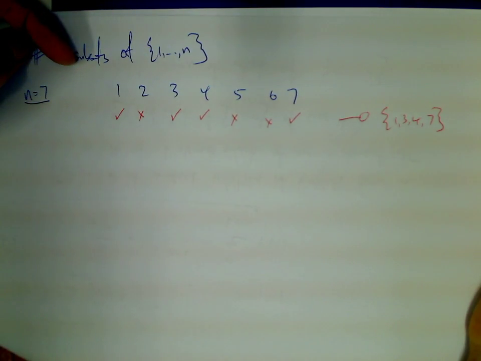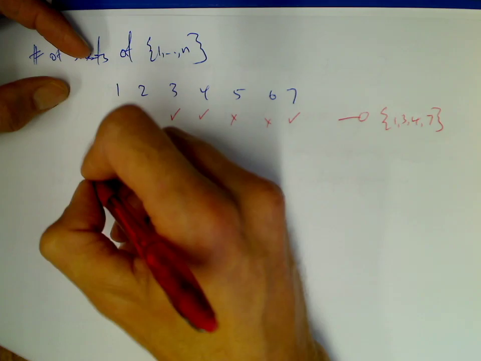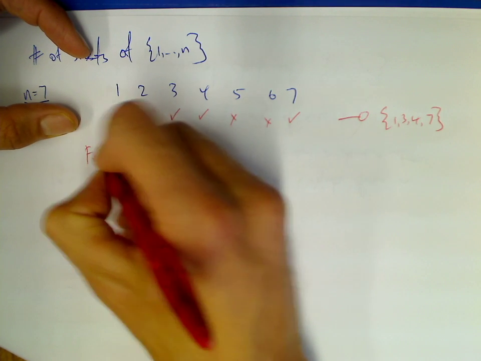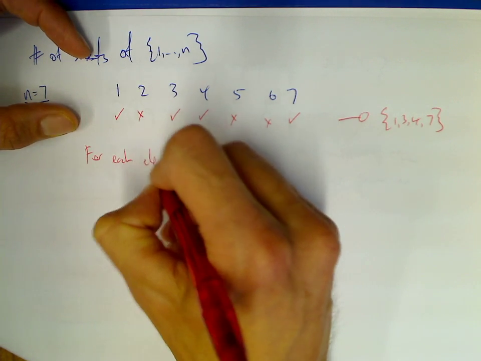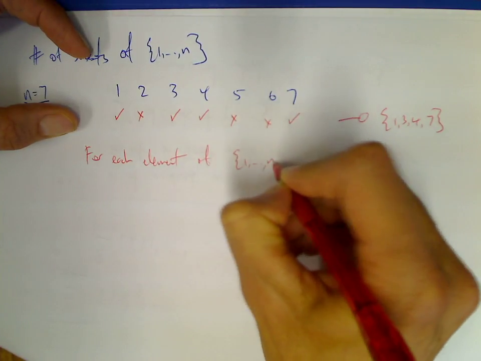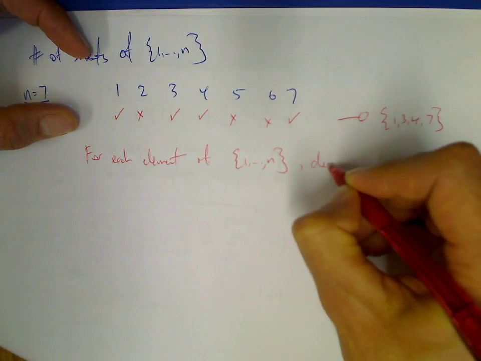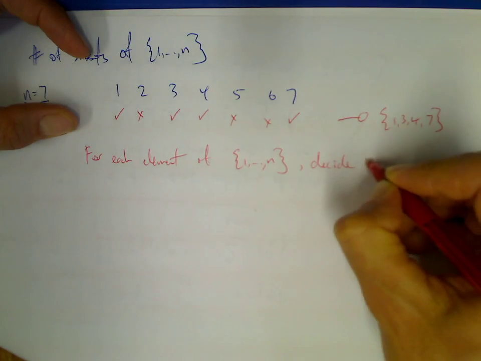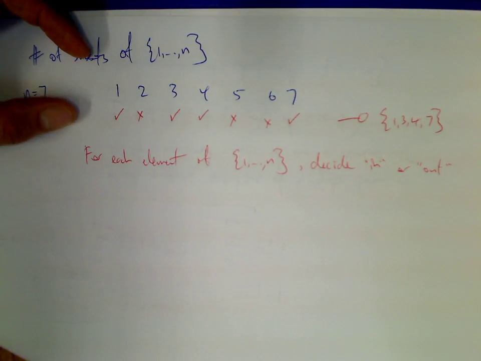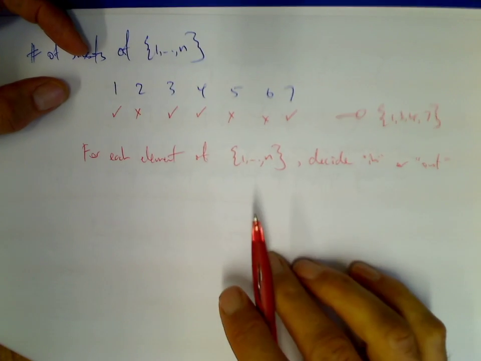Right, and so the procedure here was, for each element of 1 to n, we decide in or out. So we make a decision, in or out, for each element of 1 to n.